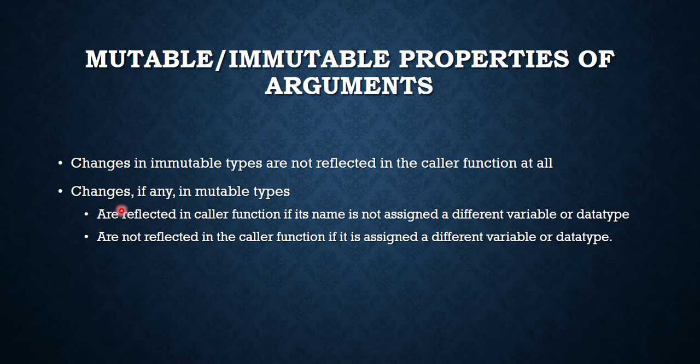And changes, if any, in a mutable type will be reflected in the caller function if its name is not assigned a different variable or data type, and are not reflected in the caller function if it is assigned a different variable or data type.